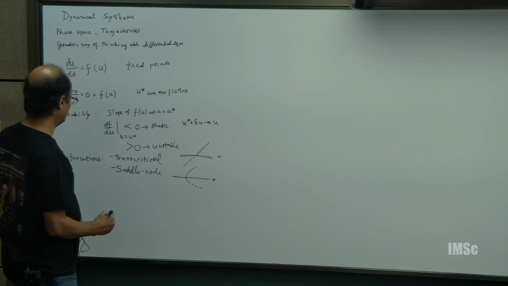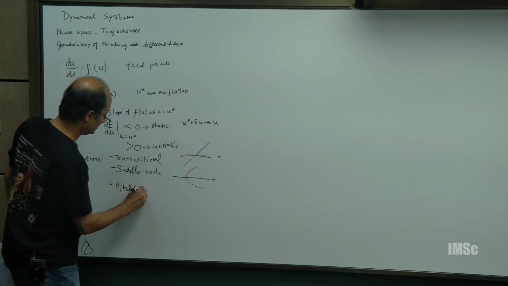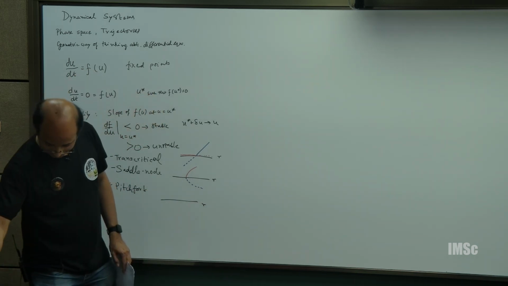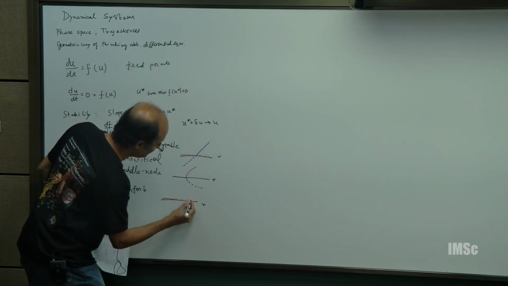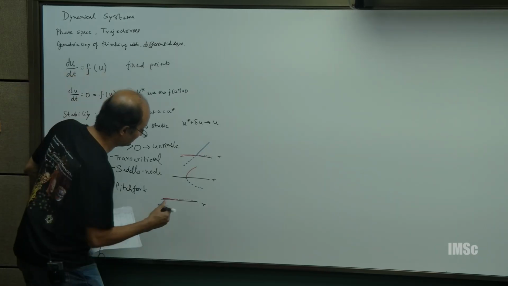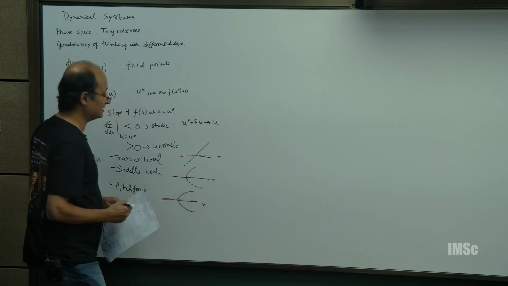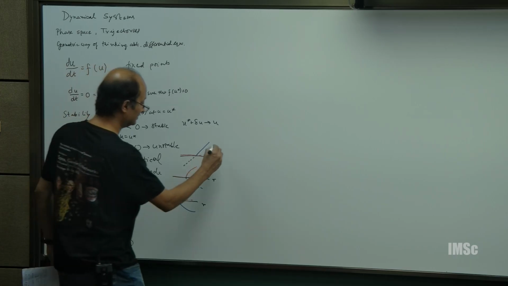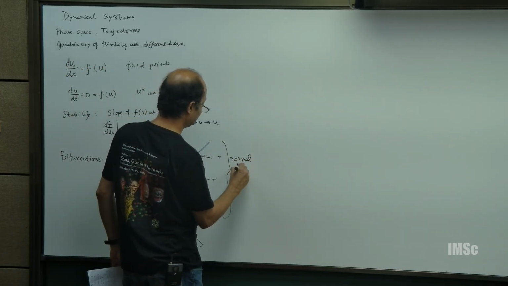And then you have pitchfork, which was, if this is r, then here the fixed point solution suddenly becomes unstable, and you have the emergence of two stable fixed points separated by an unstable fixed point, right. And we found that we can write normal forms for each of these.